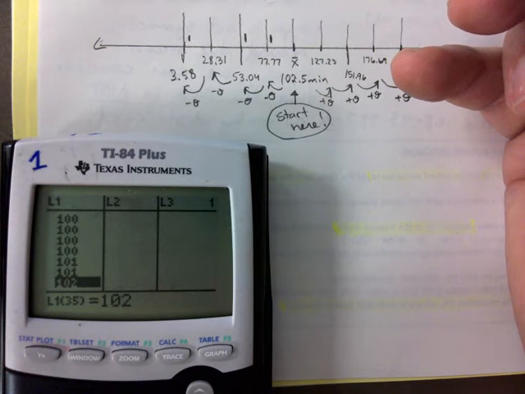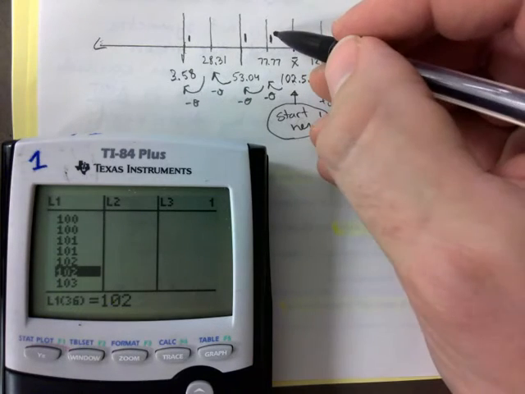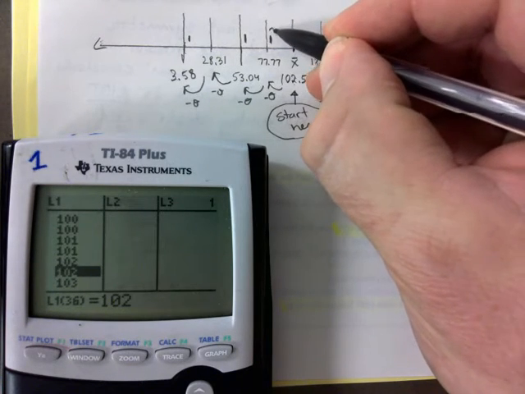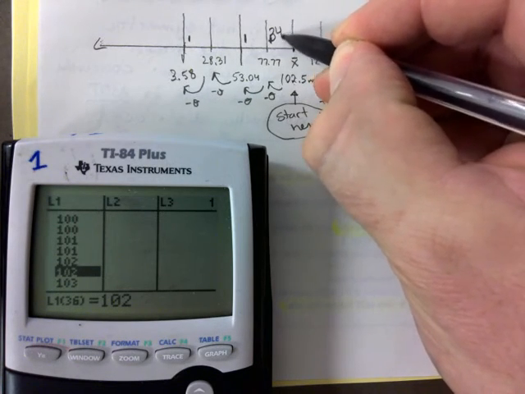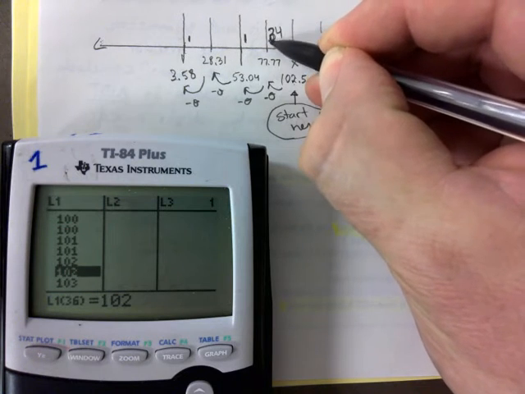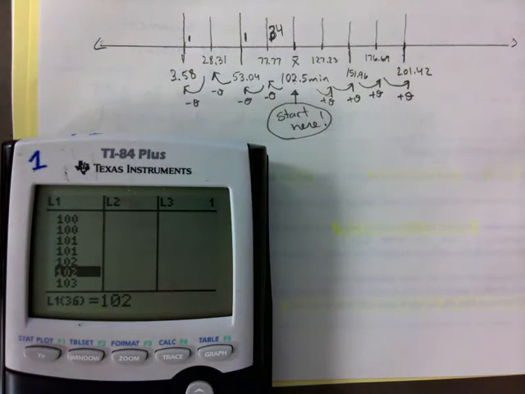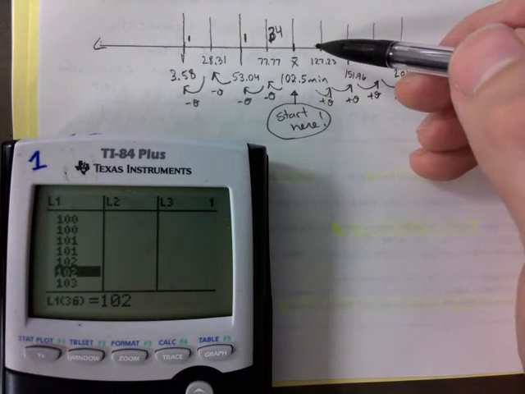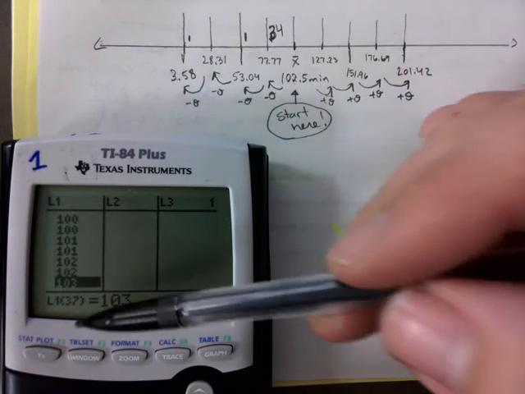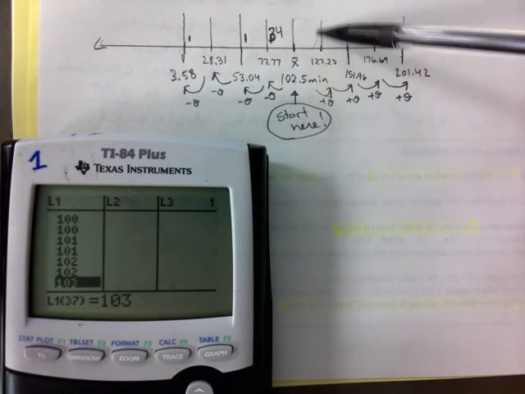That still counts, right? 34, 35. Oh, that 103 is past the 102, so 34 it is. So I just write it in here, 34. If it's that big of a number, I just count them and put them in there.